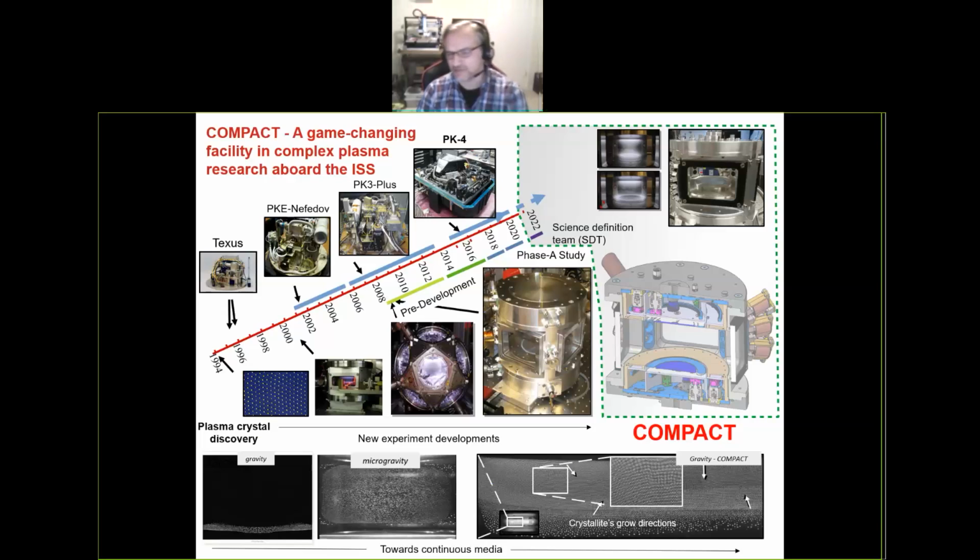And on the bottom right, you see how it's used under gravity condition, and this cloud is already bigger than the microgravity one on PK-3 Plus, and you can imagine how it would be under microgravity. So there you have the transition, practically to continuous media. You can get maybe 100 billion particles potentially in the system and then study the behavior there in cross-section or even with 3D optics.